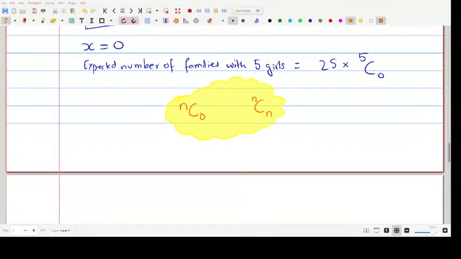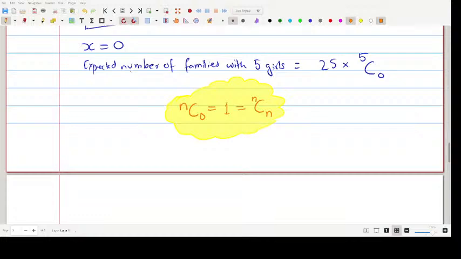Like 5C0, 5C5, 10C0, 10C10, 256C0 and 256C256, all of these will be equal to 1. This is a very handy relation that always comes to help, right?